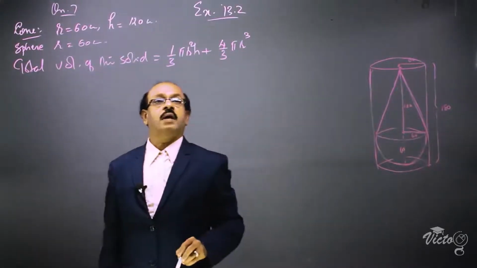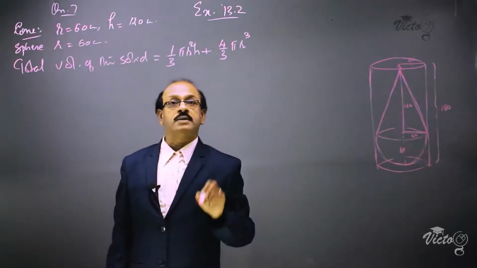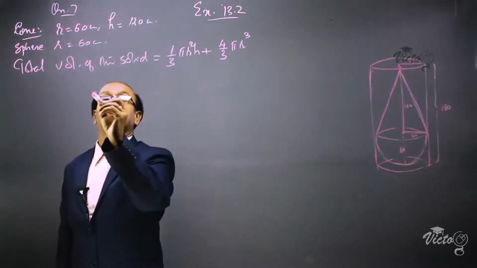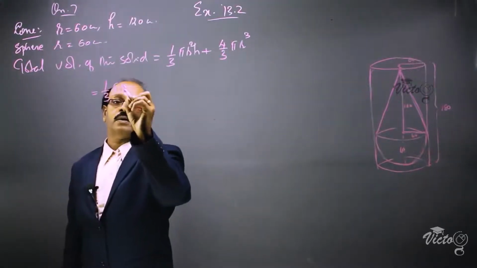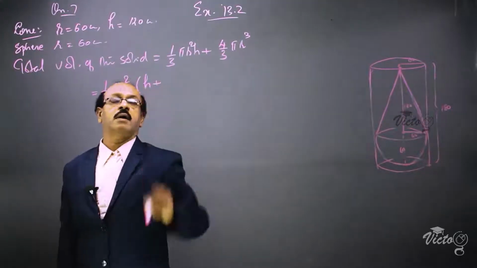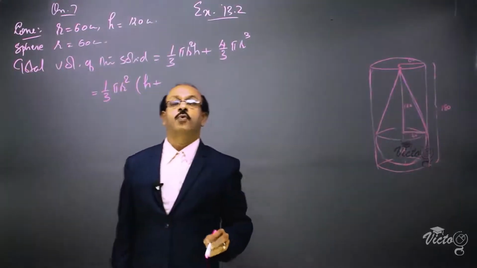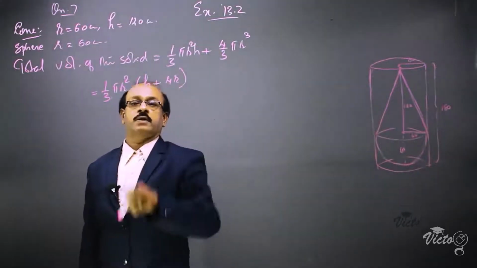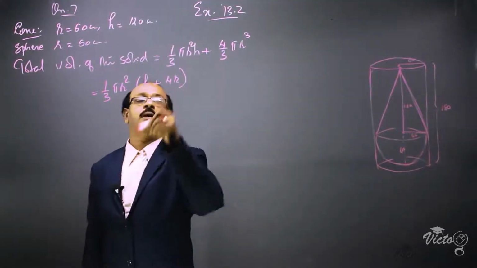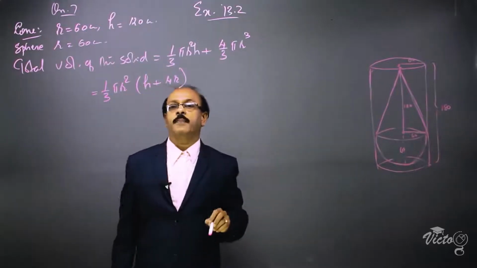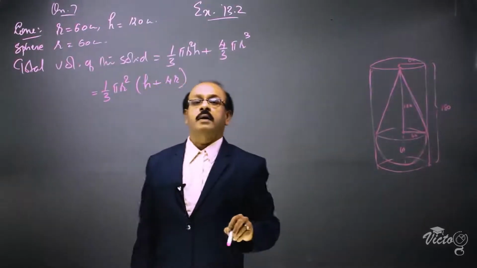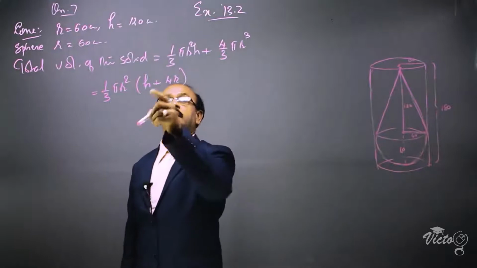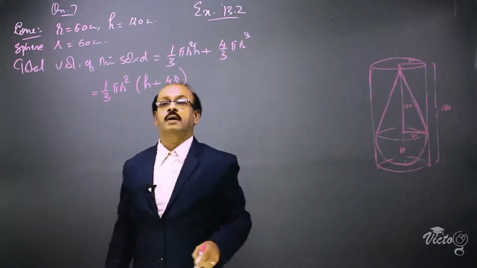Now we can take 1 by 3 pi r square as a common factor. This is equal to 1 by 3 pi r square into h plus 2r. We are taking 1 by 3 pi r square as a common factor, and the remainings in the two terms are h in the first term and 2r in the second term.